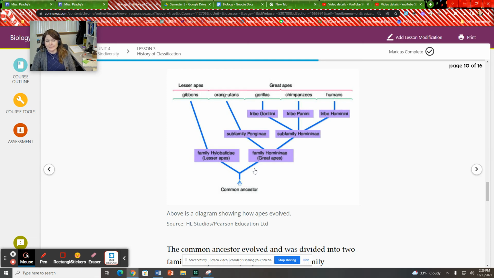In the previous lesson, we talked a little bit about the study of cladistics and how you looked at derived characteristics and how that would help you determine shared ancestry. The difference between a phylogenetic tree and a cladistic tree is that you don't see derived characteristics on here. You're just seeing common ancestors.